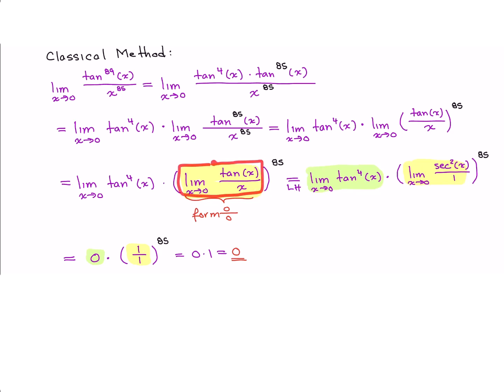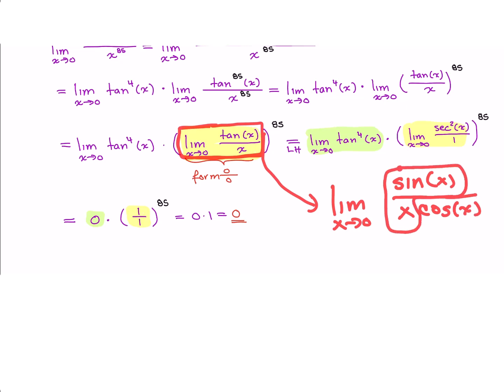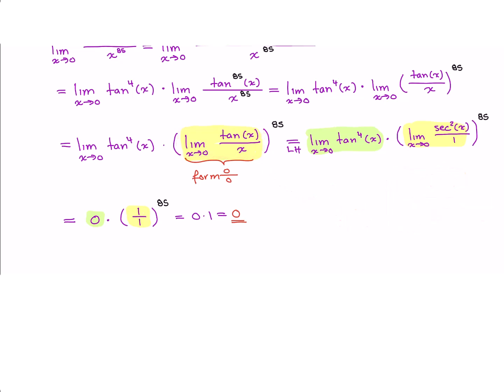And I could have done this piece using Calculus 1 methods. I would have done this as the limit as x goes to 0. What's tangent? Sine over cosine. So I would have rewritten this thusly, and then I would have separated out the cosine, because we have one of our first favorite theorems in Calculus 1, is this limit is 1, and that's proved by squeeze.